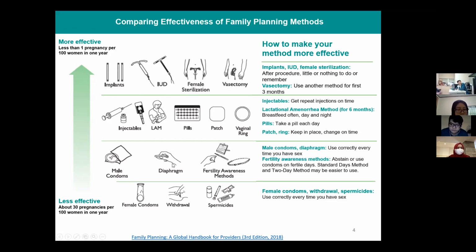Others are the diaphragm, awareness method, LAM, oral pill, patch, vaginal ring, or some injectable medication. So many methods. No one method is perfect. Some are permanent, and some are very easy but less effective.